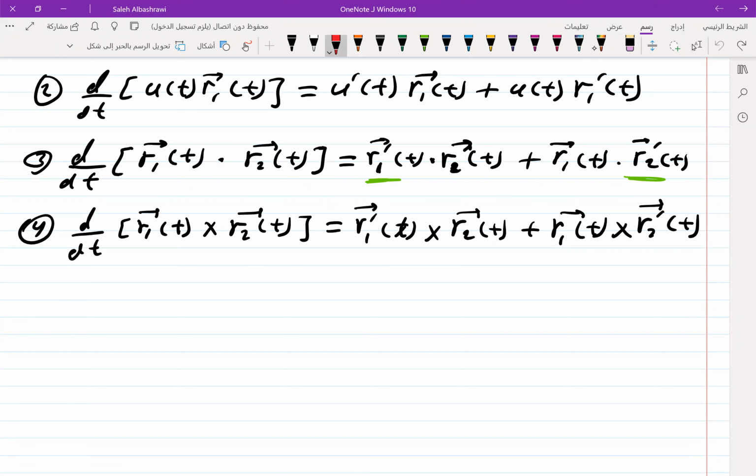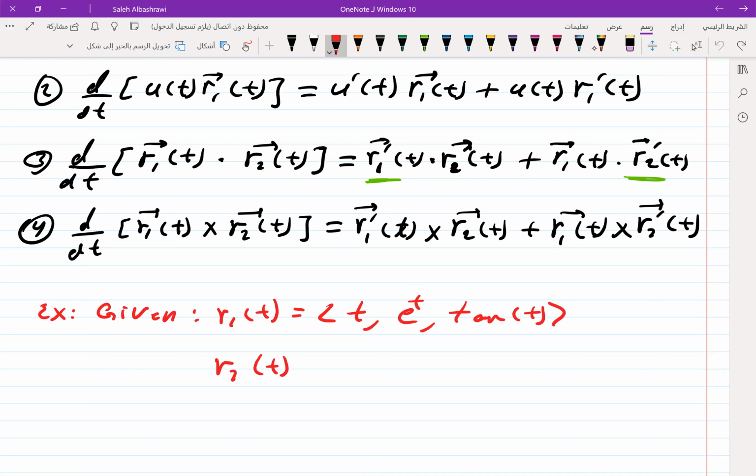Say, for example, given r1 of t equal to t, e to power t, and tangent of t. r2 is equal to ln of t, t square minus 1, and sine of t.